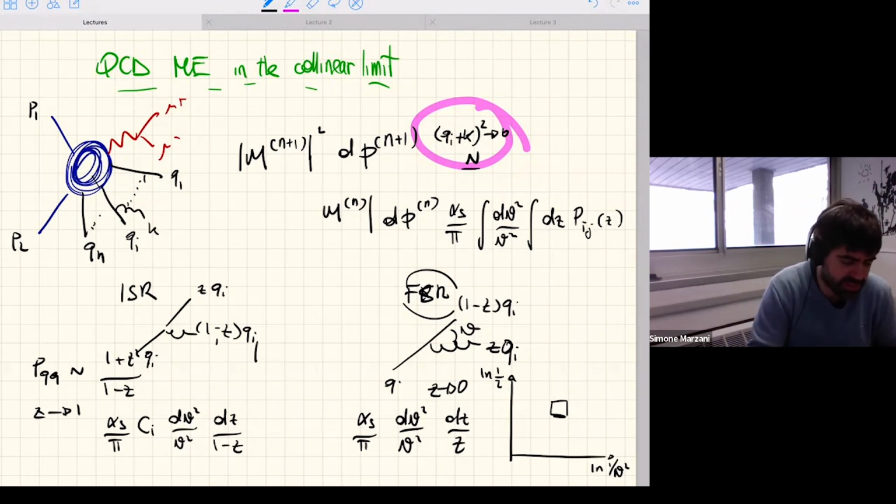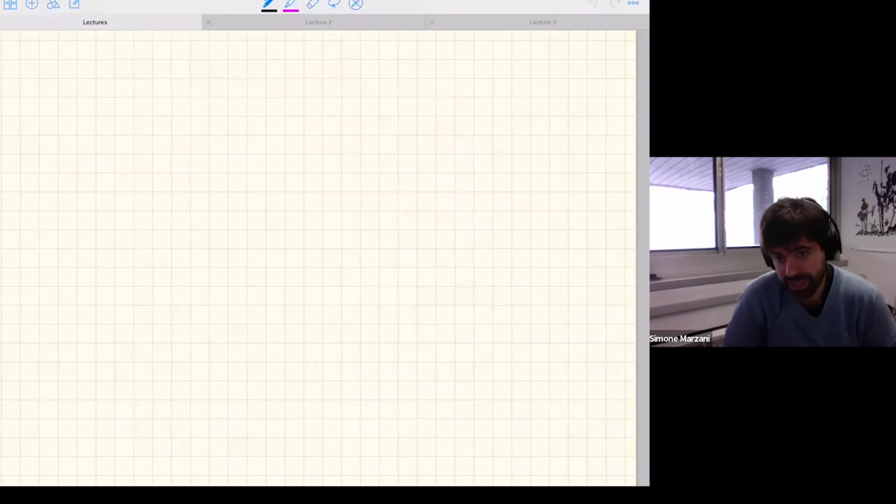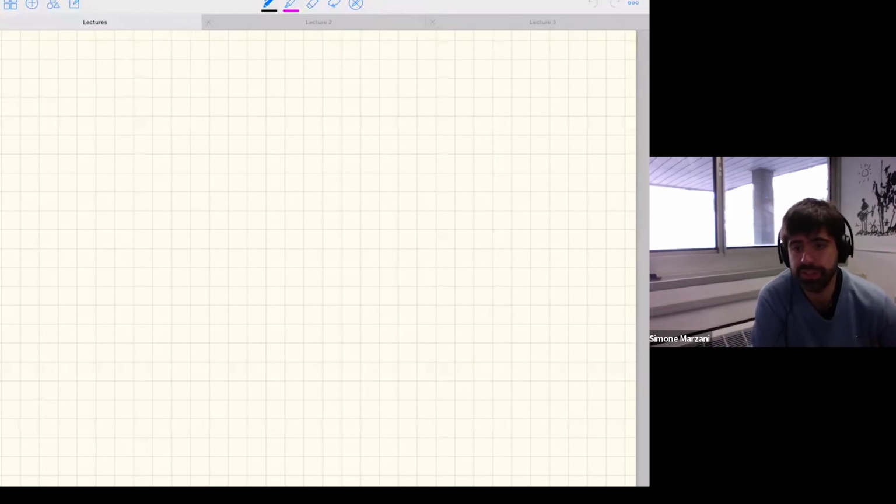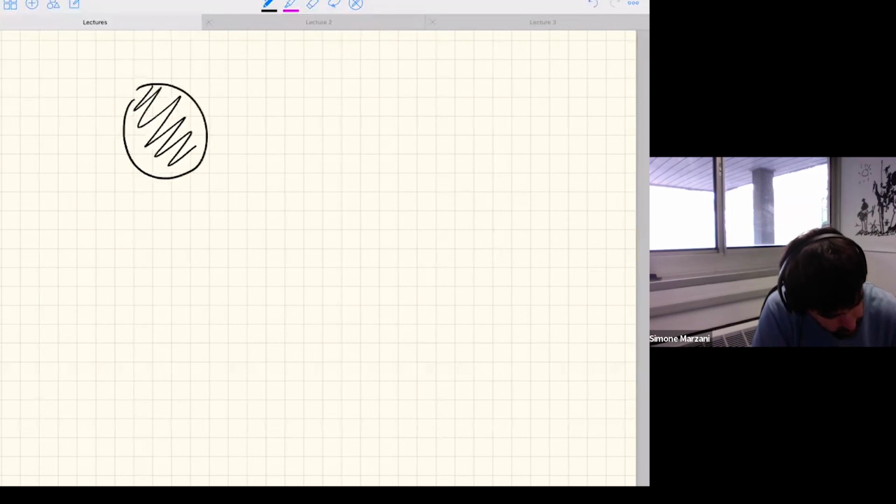So in some sense, collinear emissions are easy. They are almost classical. What is tough instead is looking at soft emissions, which are not necessarily collinear. Why is that the case? Let's evaluate what happens in the soft but not necessarily collinear limit. Take again my example: I have my hard process, maybe my Z that decays into plus and minus, which I'm going to ignore.